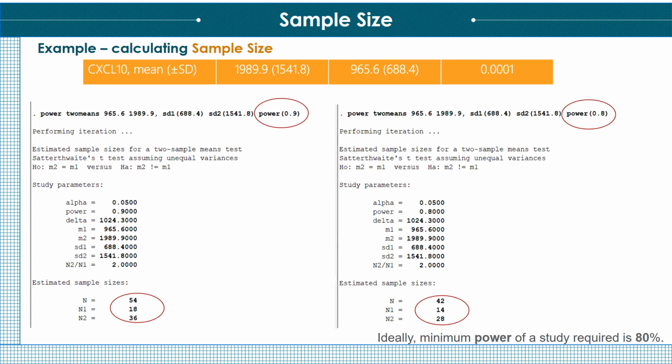So in Stata, the following commands are used to determine the power and basically estimate the sample size. So in this example, I've used the mean and standard deviation of CXCL10. You'll see that the mean was 1,900, standard deviation of 1,500 versus the control group of 965 and 688.